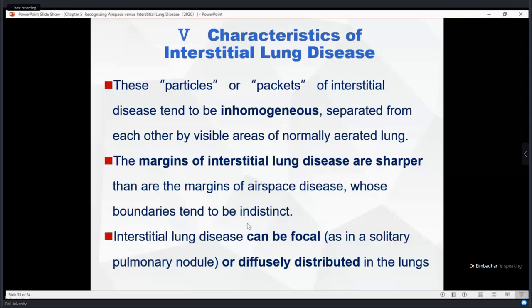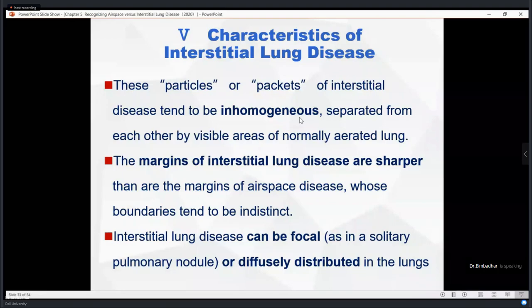All right. Now you see here, these smaller particles, smaller packets or smaller lines are generally inhomogeneous. Inhomogeneous in the sense that they do not have a specific pattern. At some areas they might be darker, at some areas lighter.